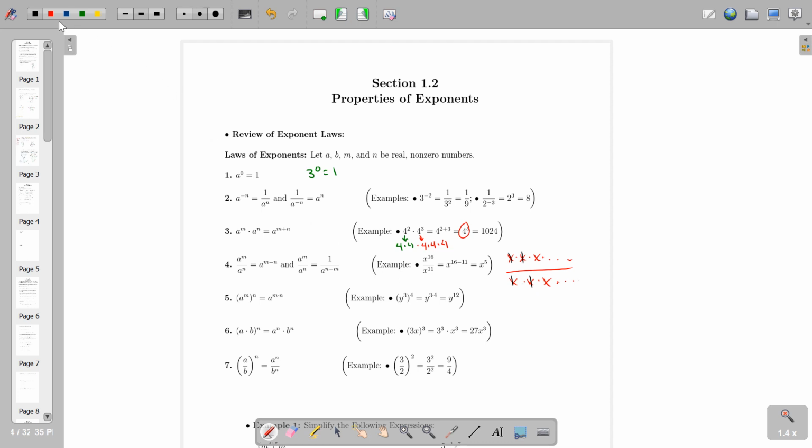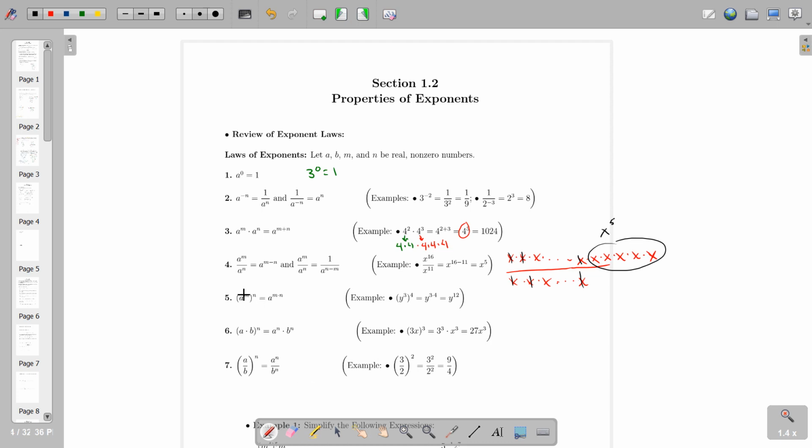But of course, what's going to happen is you're going to run out of x's on the bottom before you run out of x's on the top. And so when you're done crossing out x's on the bottom, what are you left with? You're left with 5 of those. And so that's why it makes sense to subtract those.